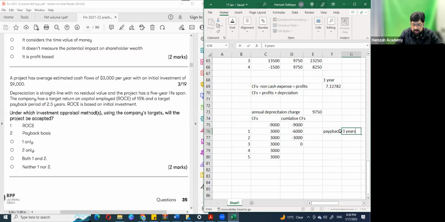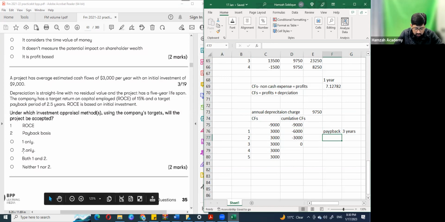Required payback is how much? 2.5 years. So under payback, it should not be accepted. So 2 cannot be. So these two are ruled out.